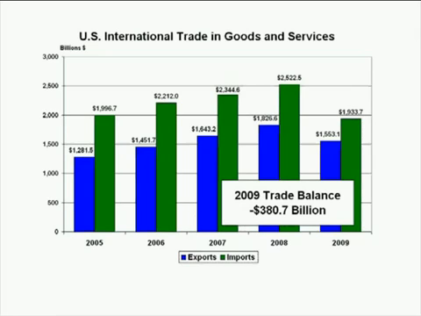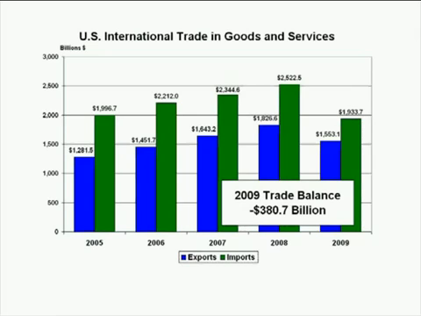This chart here shows you, if you are able to see that on your computer, from 2005 to 2009, how much exports and imports were in terms of the total goods and services we sold overseas.